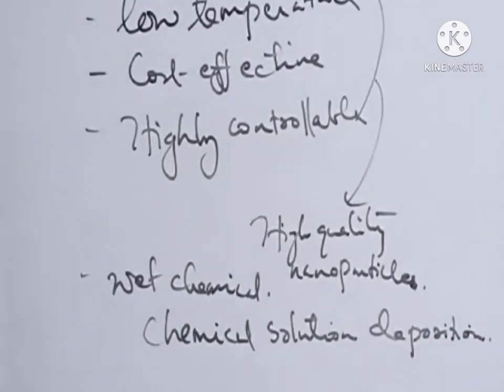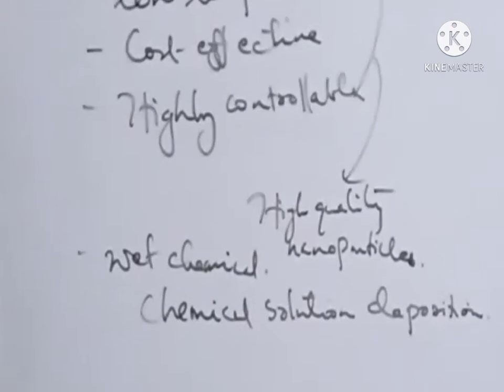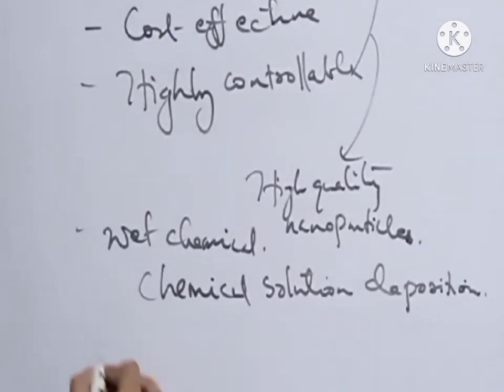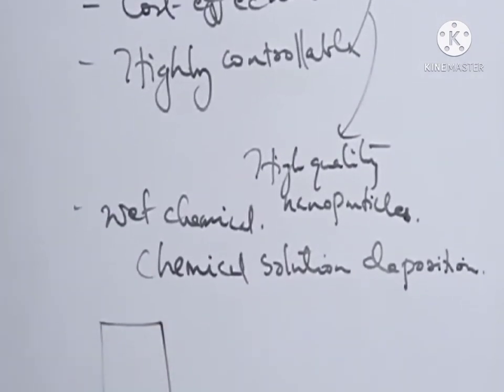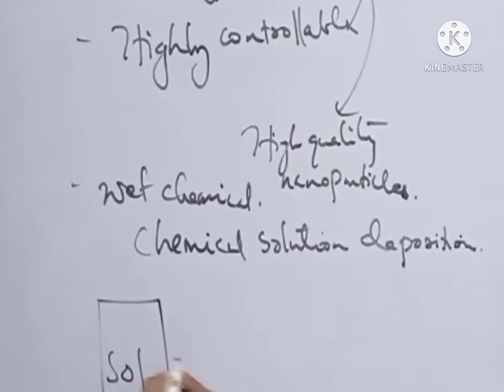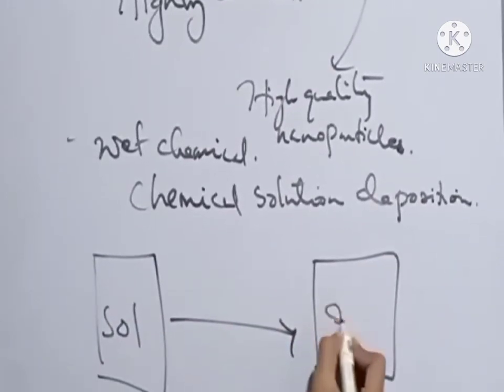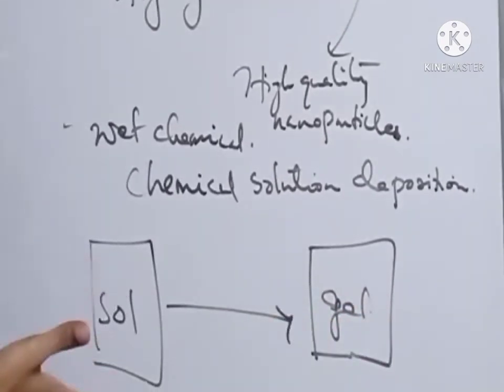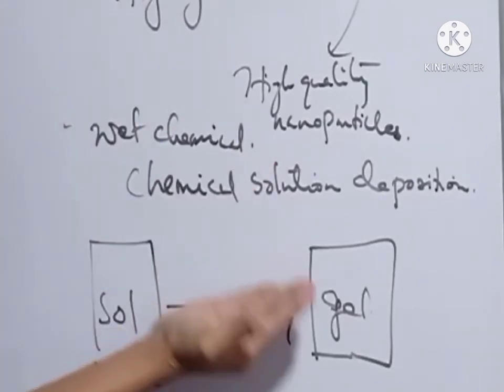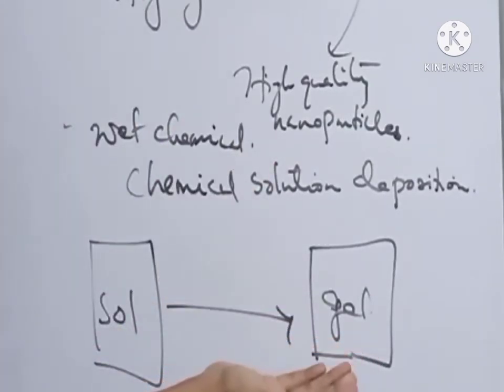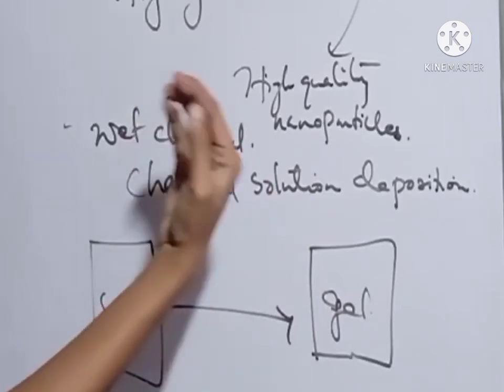Actually, the process involved in sol gel synthesis is the conversion of a sol or a solution into gel. So in sol gel synthesis, a monophasic sol or solution is converted into a diphasic gel, that is, containing a liquid phase and a solid phase.